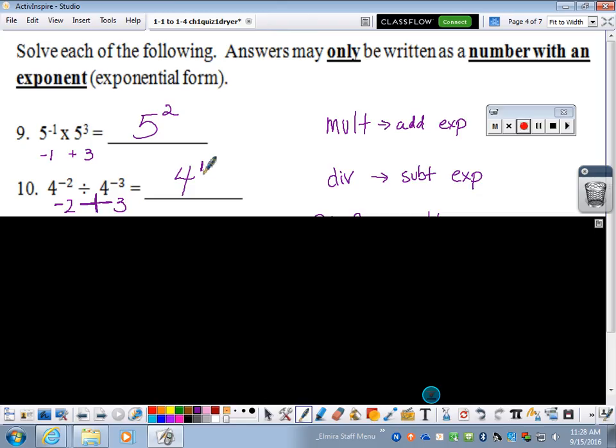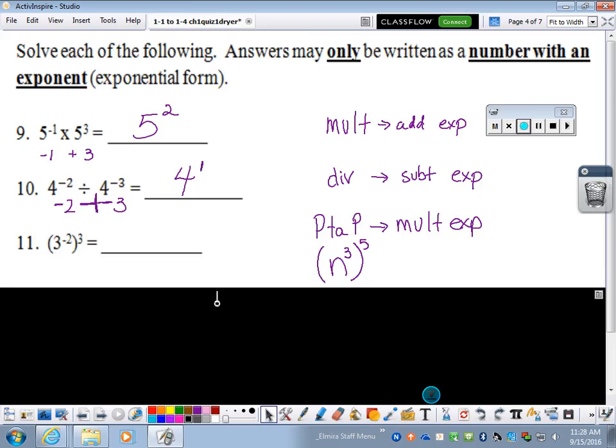If you don't get a positive 1 exponent, you need to use some sort of strategy, a calculator or a strategy, to know why it's 1. Okay, so that also is a positive exponent. I don't need to make a fraction. Okay, kind of looked like I might have to because these are both negative exponents in the problem, but once I did it, my answer has a positive exponent, so I don't make the fraction.